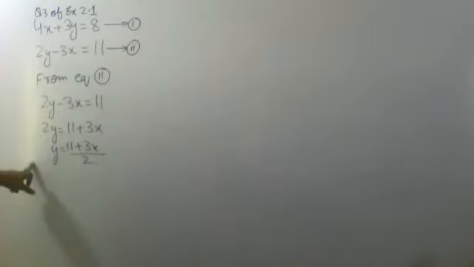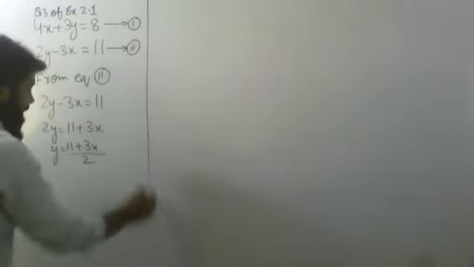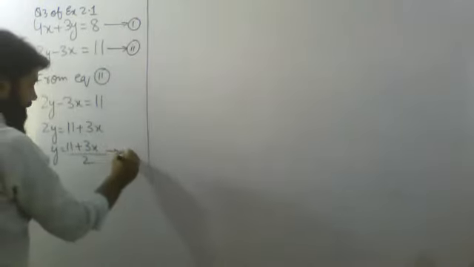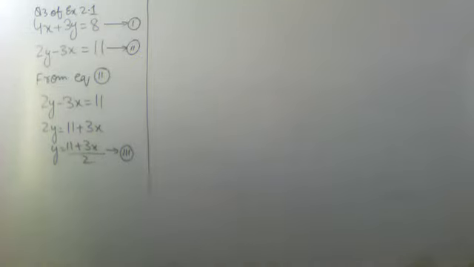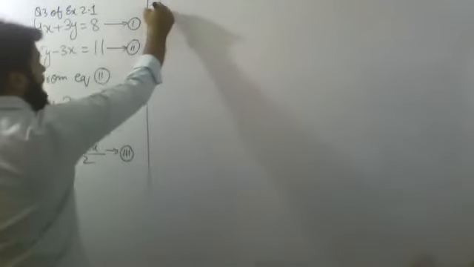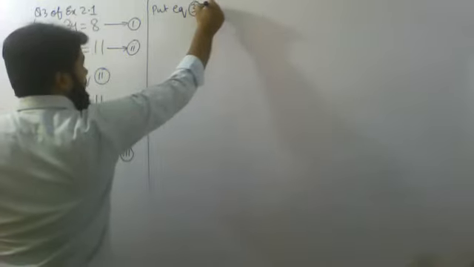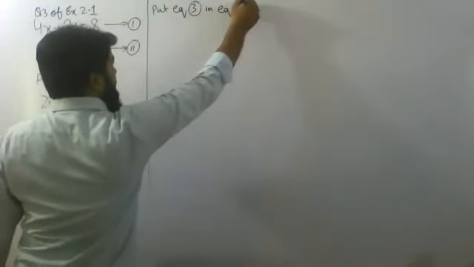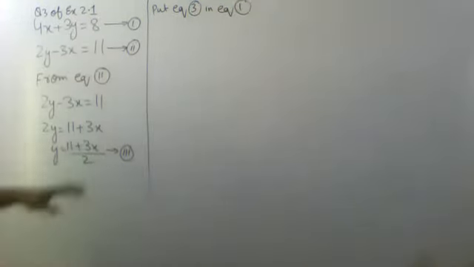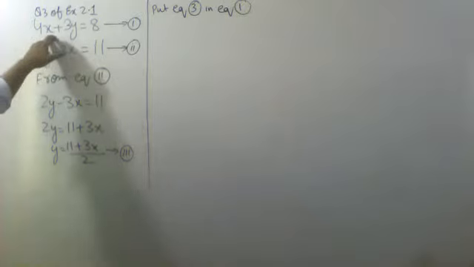Okay, what I have done, I have taken this equation and I have made y as the subject. Now this is going to be my equation number 3, and I am putting equation number 3 in equation number 1. Why am I putting equation number 3 in equation number 1?